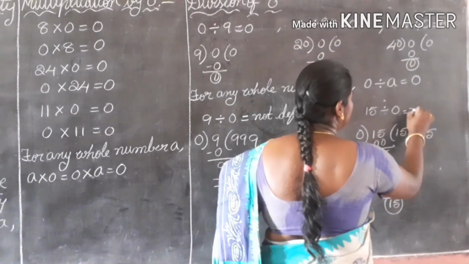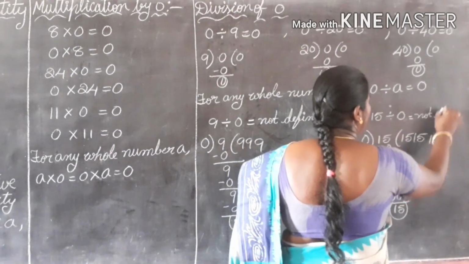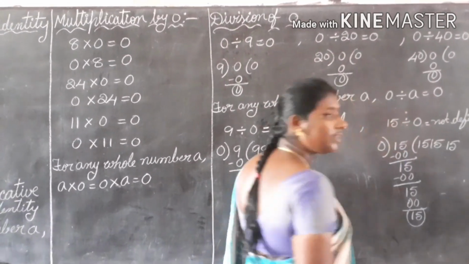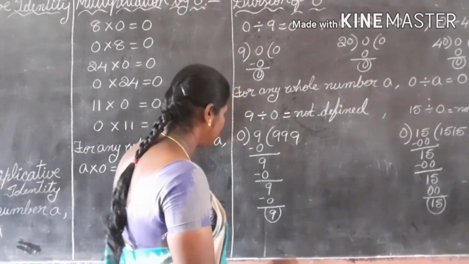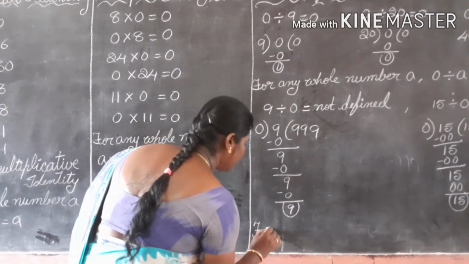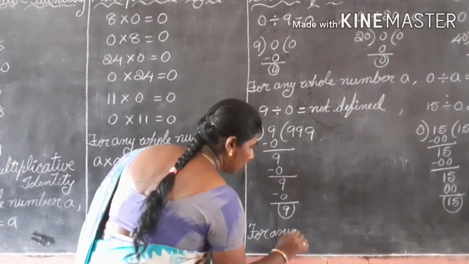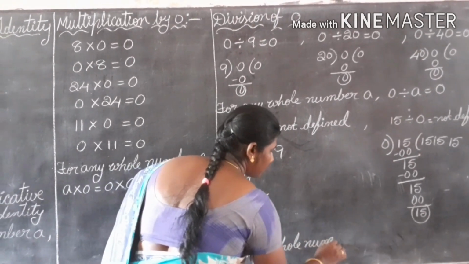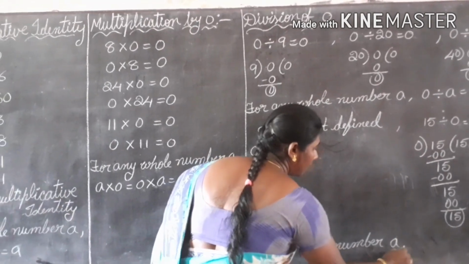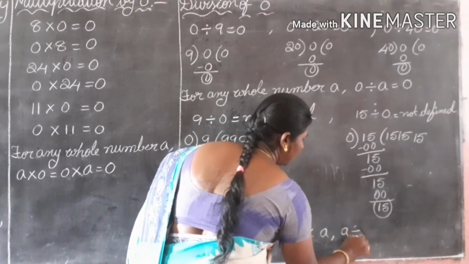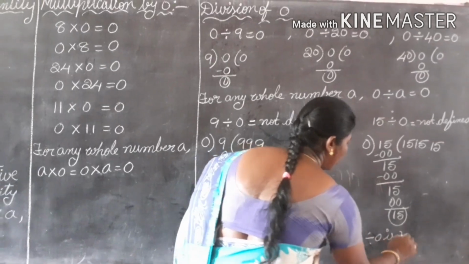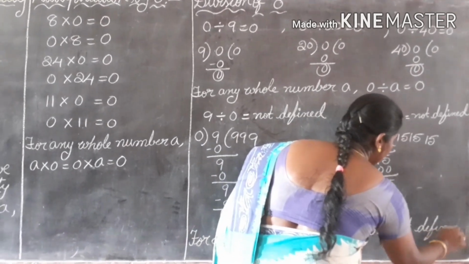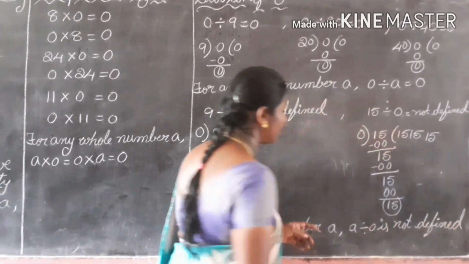So it is not defined. So for any whole number, A divided by 0 is not defined.